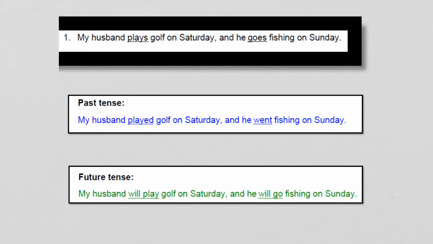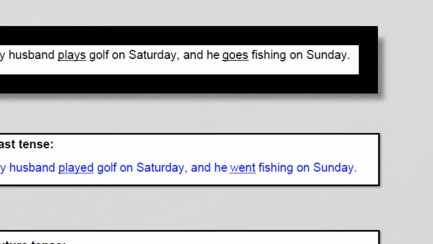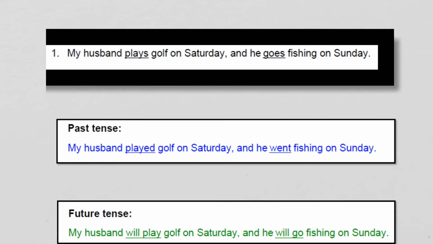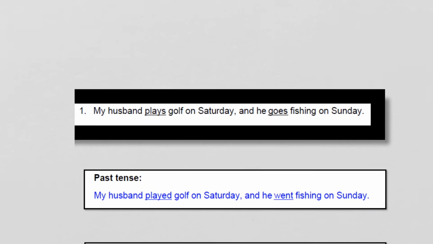So I've got 3 different sentences for you, and with each example, I've started off with the present tense, and then I've changed it to the past tense and the future tense. So let's just look at this sentence in the present tense here first.